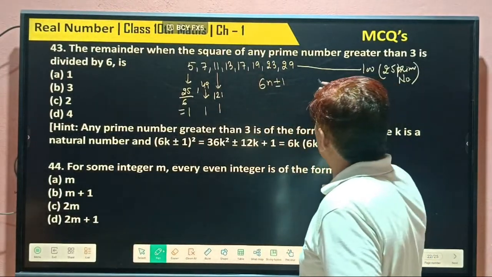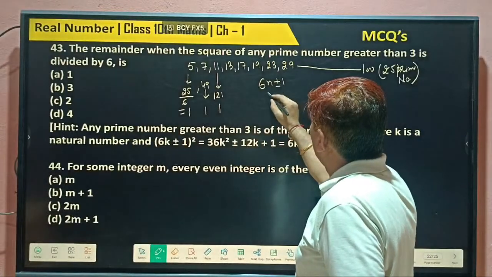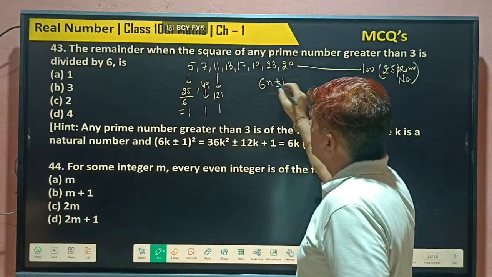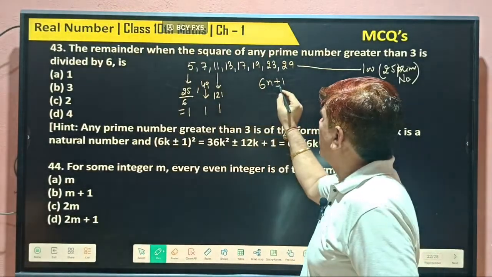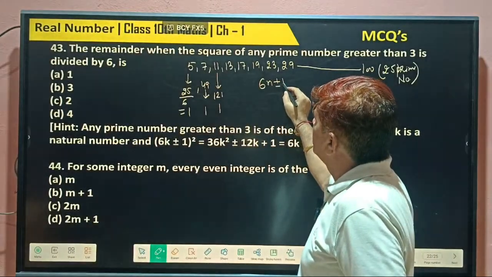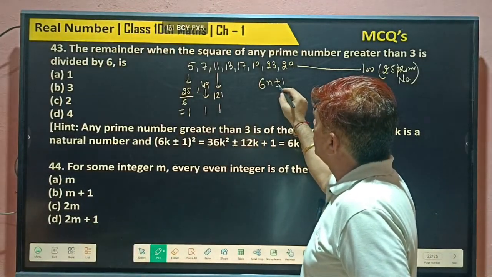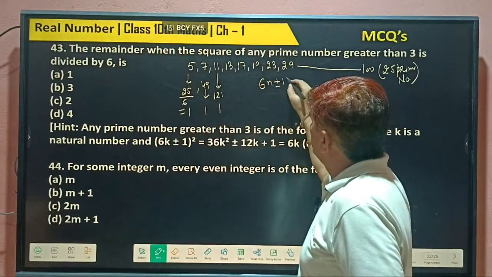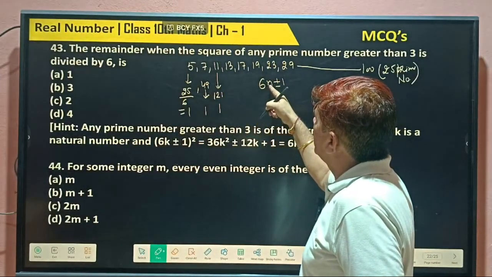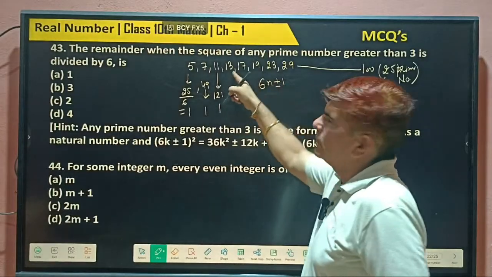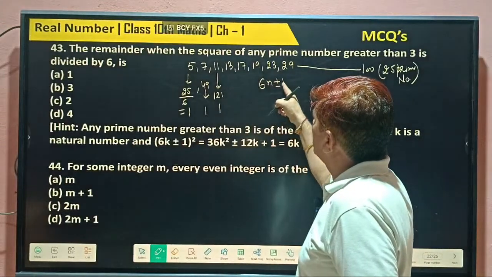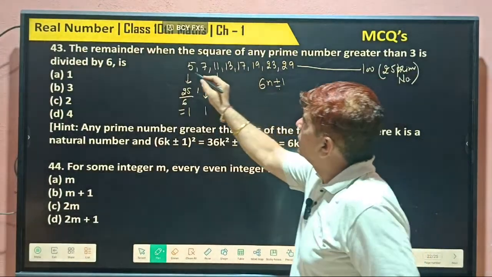If n equals 1, then it becomes 7. If minus, then it becomes 5. Taking n as 2, then 11. And 13: 6 times 2 is 12, plus 1 is 13. 17: 6 times 3 is 18, minus 1 is 17.